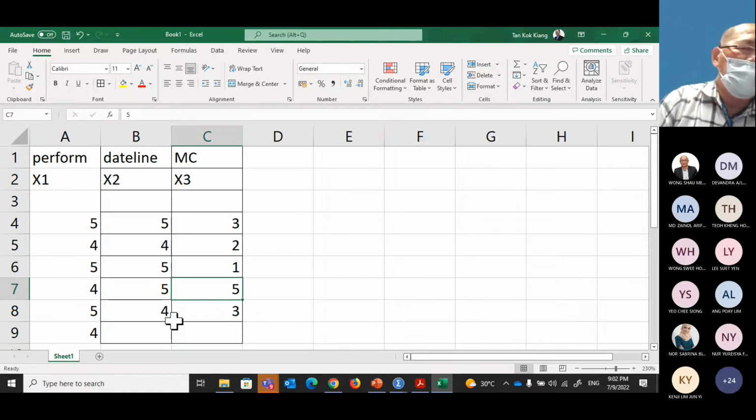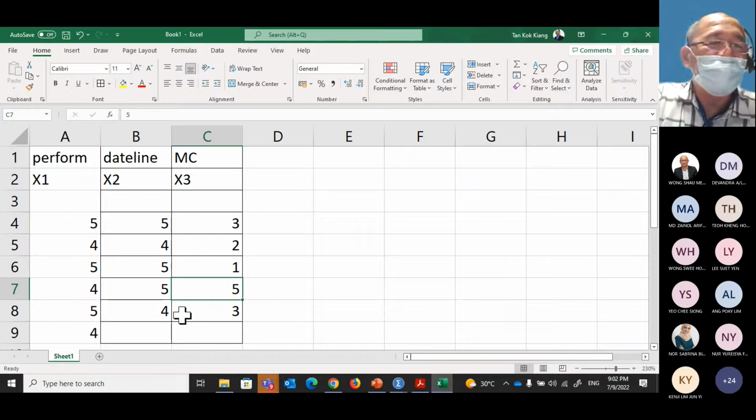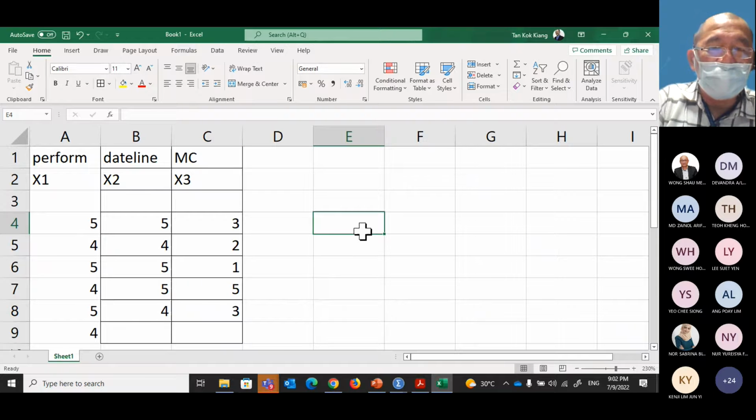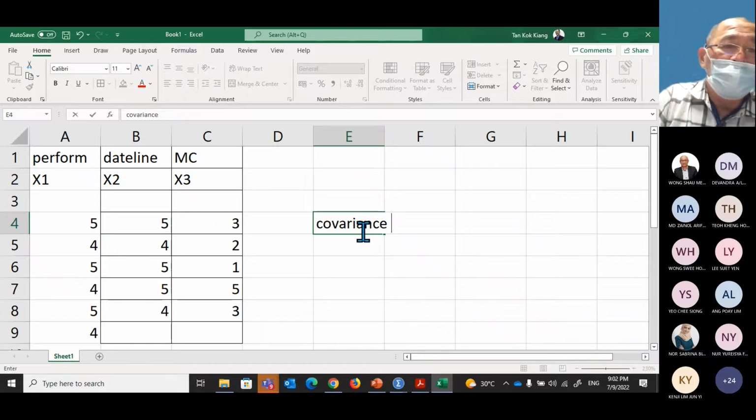Or maybe another thing, we don't use variance, but in the textbook there's a term that they use. Maybe if you want, you can use covariance, because covariance and variance are actually quite similar.